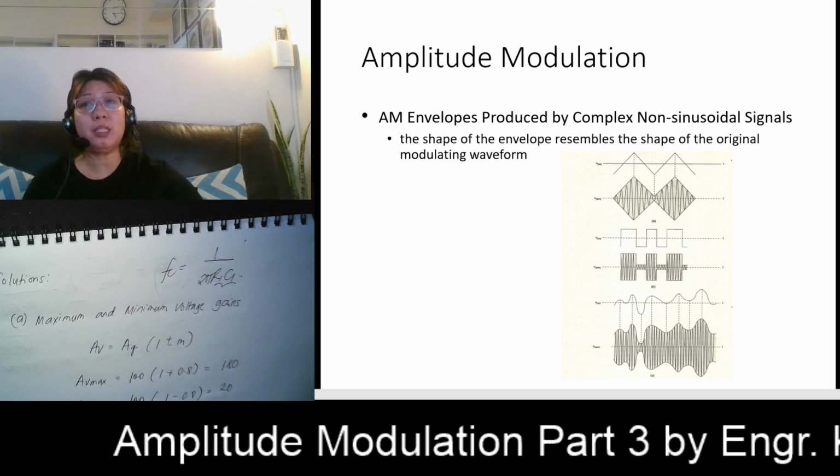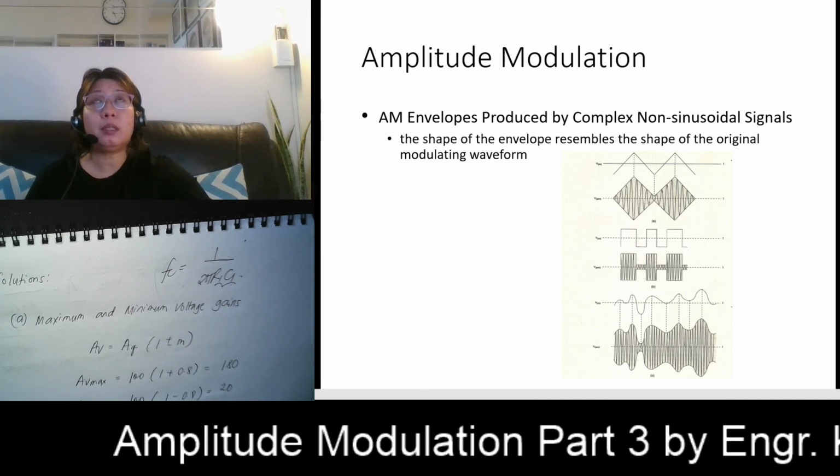The shape of the envelope resembles the shape of the original modulating waveform. In the first figure, letter A, we can see that when you have a triangular modulating waveform, the shape of your envelope is also triangular. Although you can see that the carrier is still in the form of a sinusoidal waveform.